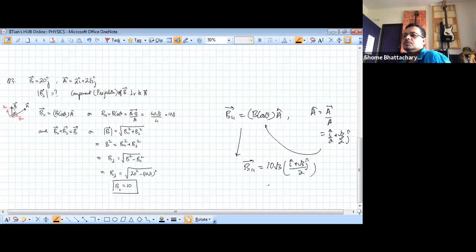So my answer would be this. This would have become B's parallel component, and then B's perpendicular component would have come by doing the vector subtraction. From here, B perpendicular is equal to B vector minus B parallel. So this vector minus that. But here that is not asked. What is asked? The magnitude. So I can just do this.